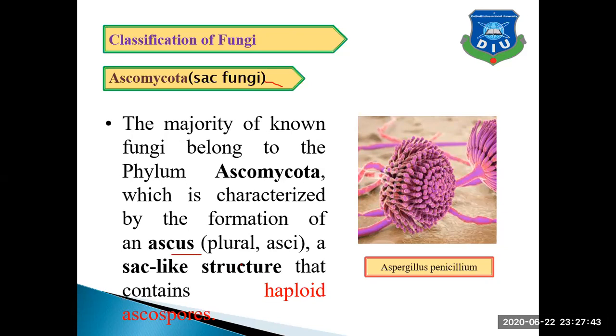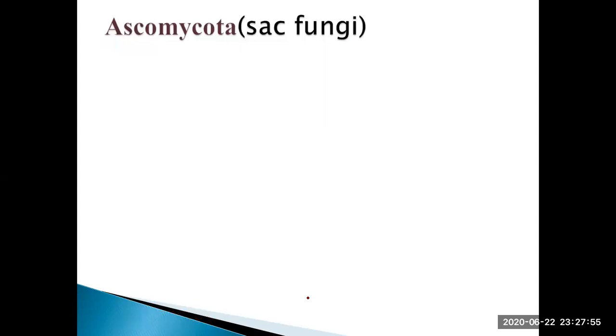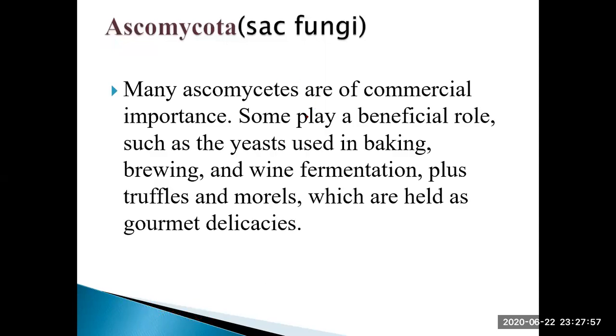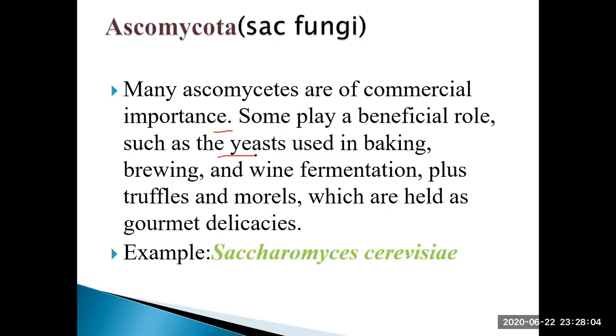One ascus can contain 8 to 10 ascospores, and these ascospores are mostly haploid. Many ascomycetes are of commercial importance because they play a beneficial role, such as the yeast used in baking, brewing, and wine fermentation. An example is Saccharomyces cerevisiae, which is mostly used in baking. That is a group of fungi of Ascomycota.